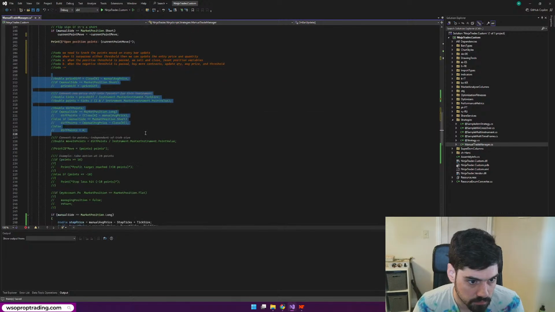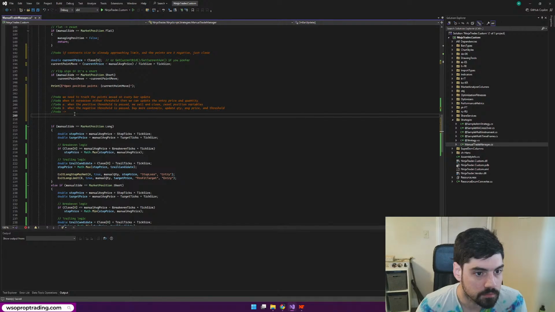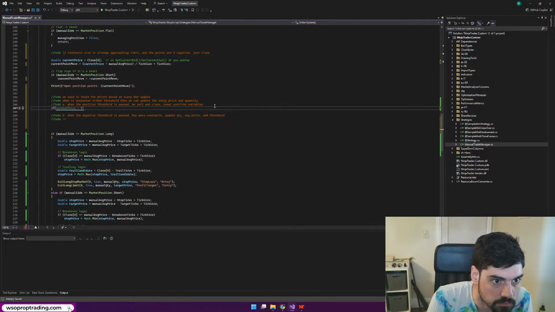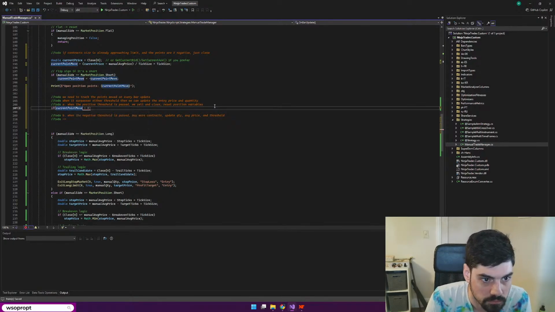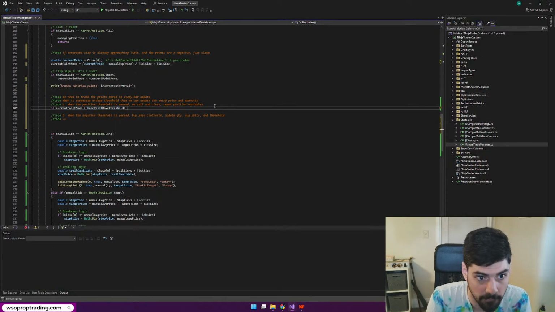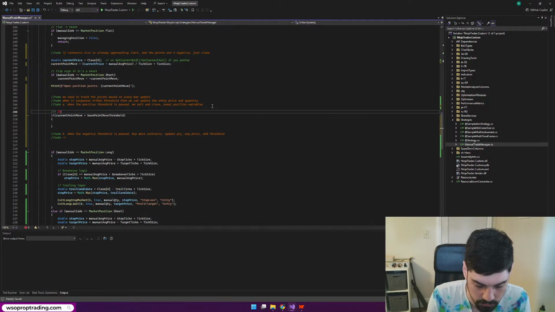Now, I set it as base point move threshold, but it should not be. That's just for right now.